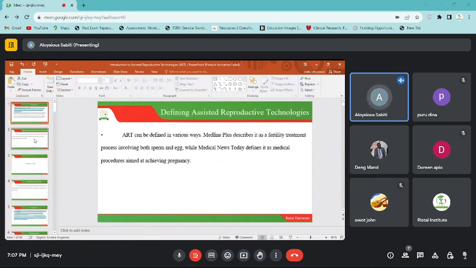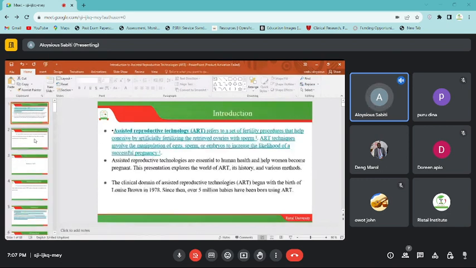Having discussed infertility earlier on, yesterday we were able to cover the introduction to ART, and we said this is a set of fertility procedures that help people conceive by artificial fertilization.